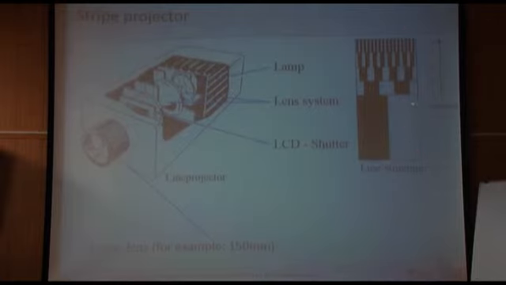So one pattern is only half of the image is white, the other one is black. Then you separate this white plane by again the white, black, white part, and so on and so forth. And you do it one after the other. So your line system is projected in time series.